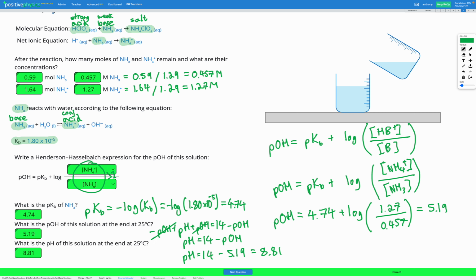And log of a number that's greater than 1 is going to be positive. So this whole thing is going to be positive. So that means our pOH will be our pKb plus a positive number. So our pOH should be greater than our pKb. And that's what we found here. We found our pOH was 5.19, which is greater than our pKb, which is 4.74. So that matches up based on the conceptual questions we've already done.